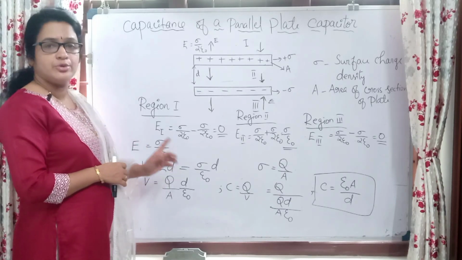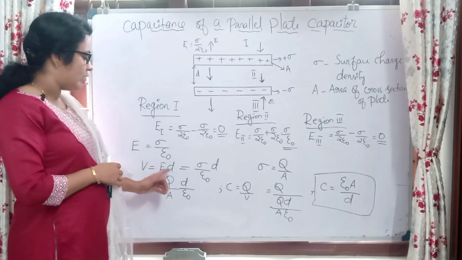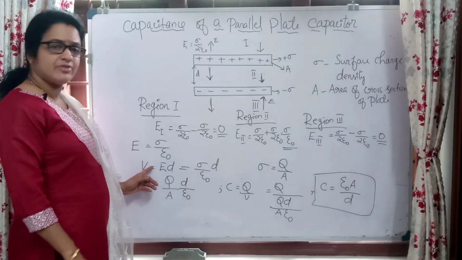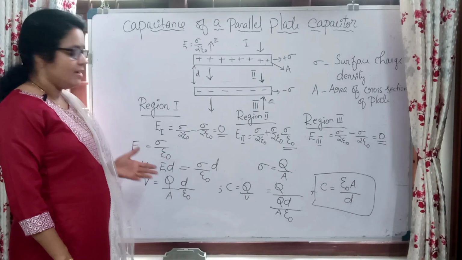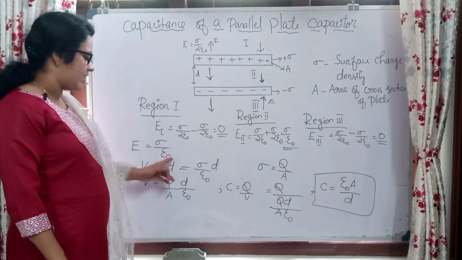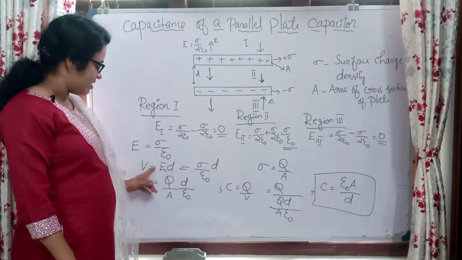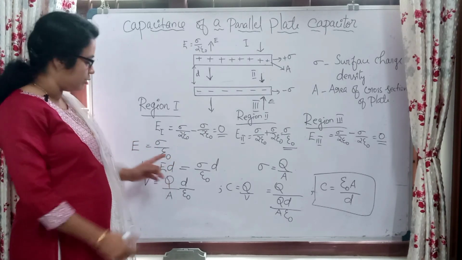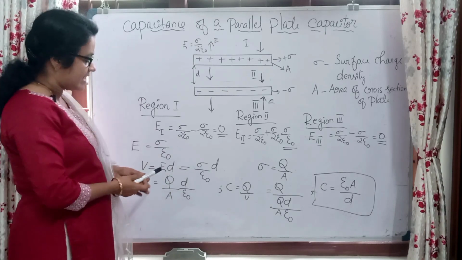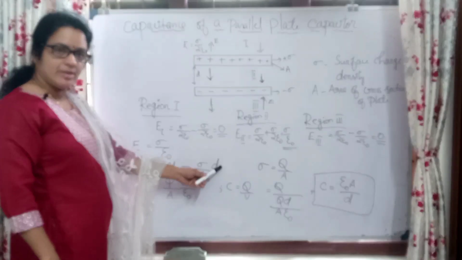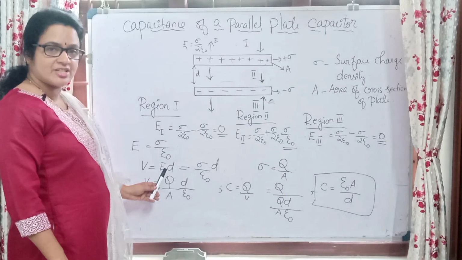That is V is equal to E into D. Here we can find the electric potential. E is sigma by epsilon 0, so V is equal to E into D, that is sigma by epsilon 0 into D, because we are substituting the equation for electric field.